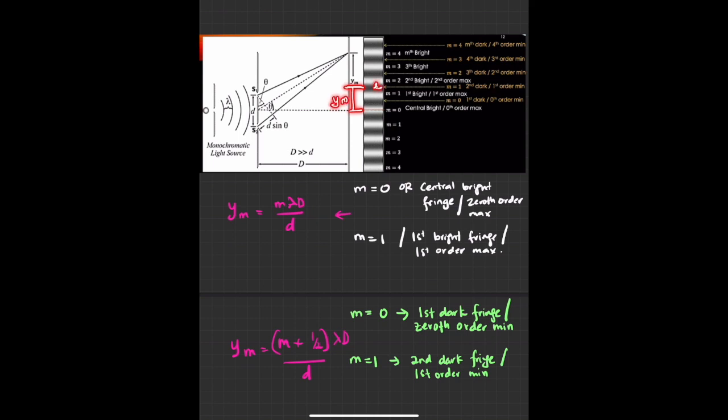That's what we call ym. ym for dark is from central to dark, ym for bright is from central to bright. We will use the equation ym equal to m lambda D over d. If we use ym equal to (m plus half) lambda D over d, it is for the dark fringe, which is from central to dark fringe.